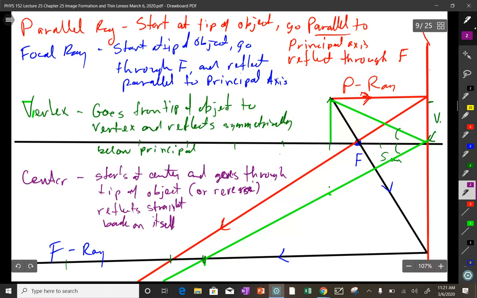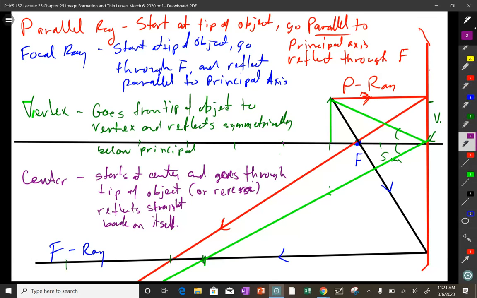So in this problem, what was the radius of curvature for the mirror? Probably don't remember at this point, right? But it was 15 centimeters. So here is the center of curvature. The center ray is going to start here and go through the tip to the mirror, and then it reflects straight back.